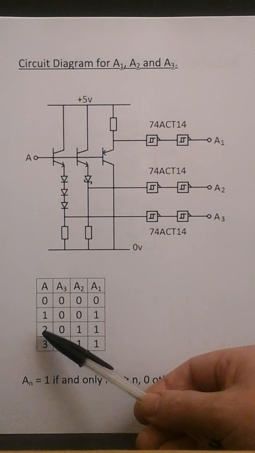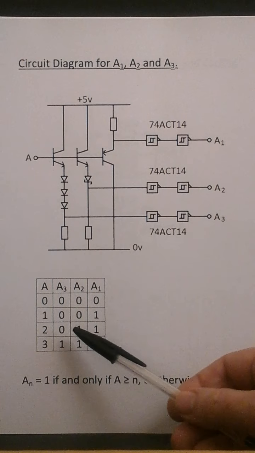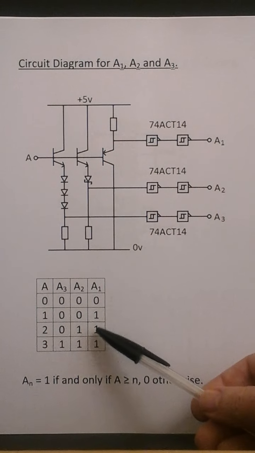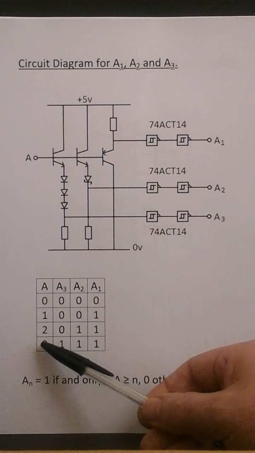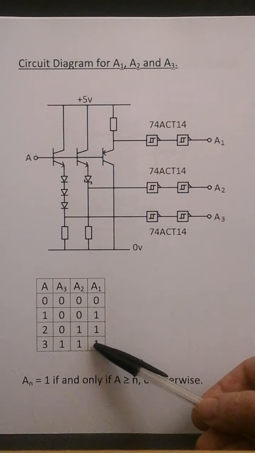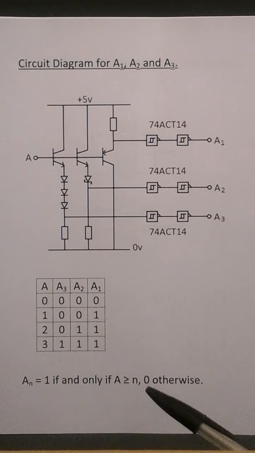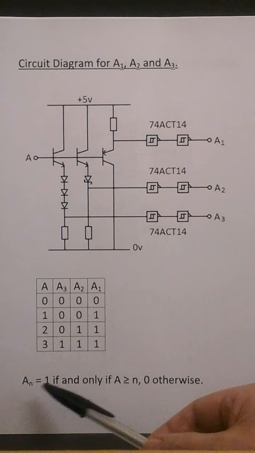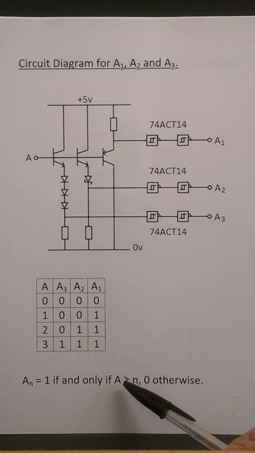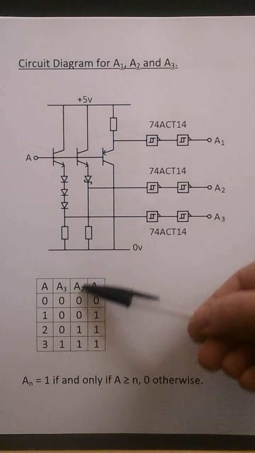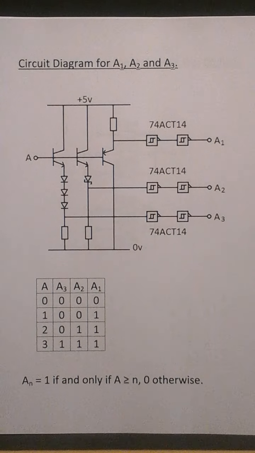If A is a 2, A3 is a 0, A2 is a 1 and A1 is a 1. And if A is a 3, A3 is a 1, A2 is a 1 and A1 is a 1. So AN, like A1, 2 and 3, equals a 1 if and only if A is greater or equal to N and 0 otherwise. So this describes the functions A1, A2 and A3.